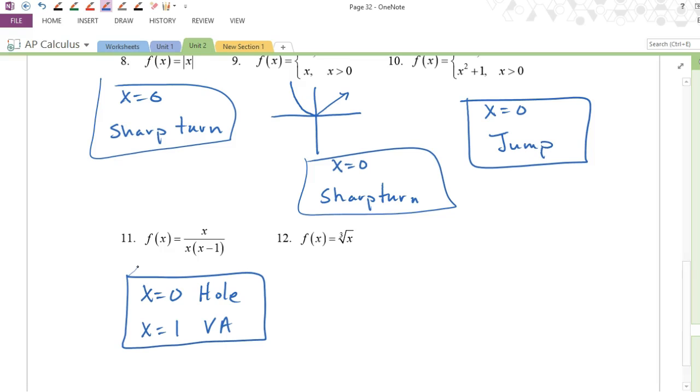Okay, what about question number 12? This is kind of an interesting one. There is something that happens at 0. There's a vertical, very nice. I'll show you. There's a vertical tangent.